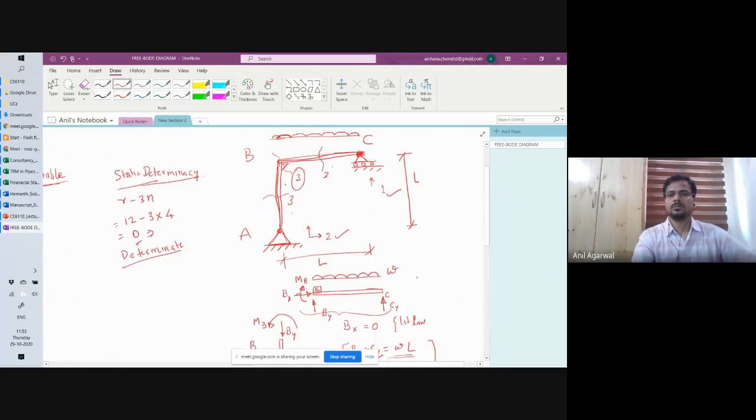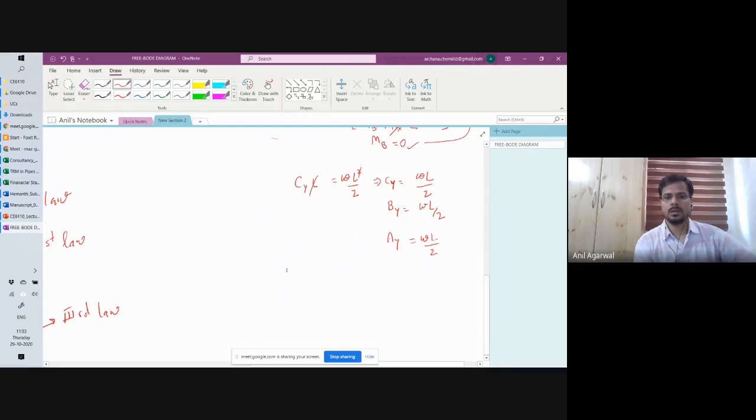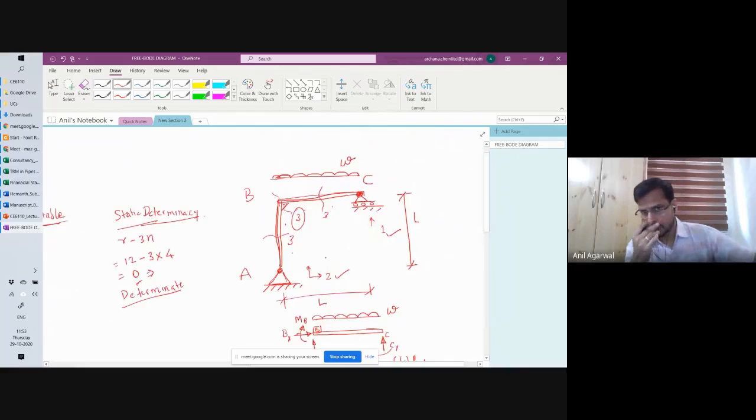Fine. So if I draw this frame again, I've got a reaction of WL by 2 here, reaction of WL by 2 here. CY, BY, AY, and BY is the internal force, which is not an external reaction, so I'm not showing it here.